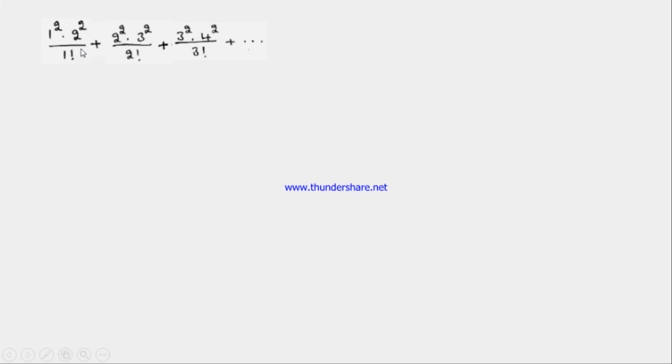Here, the variable n is connected to the number of the term. That is, for this term n is equal to 1, for this one n is equal to 2, for this one n is equal to 3. That is the first term, second term, third term, and so on. So whatever is changing from term to term, we are supposed to associate that to n.